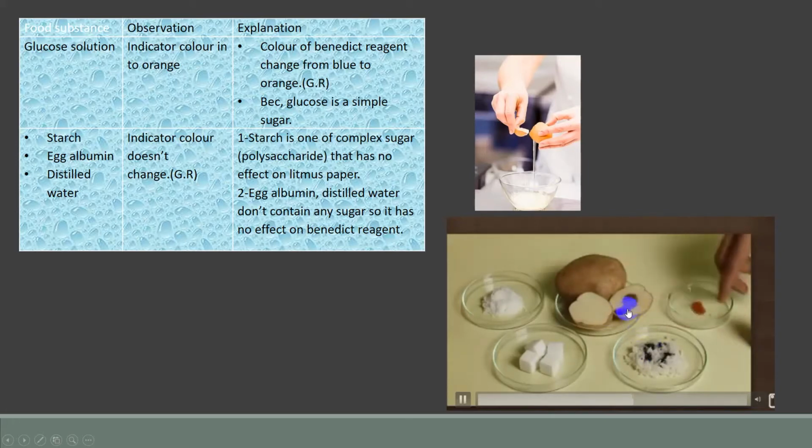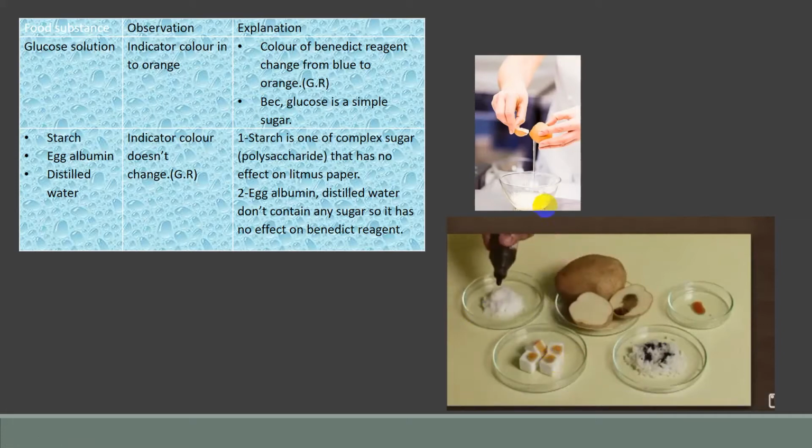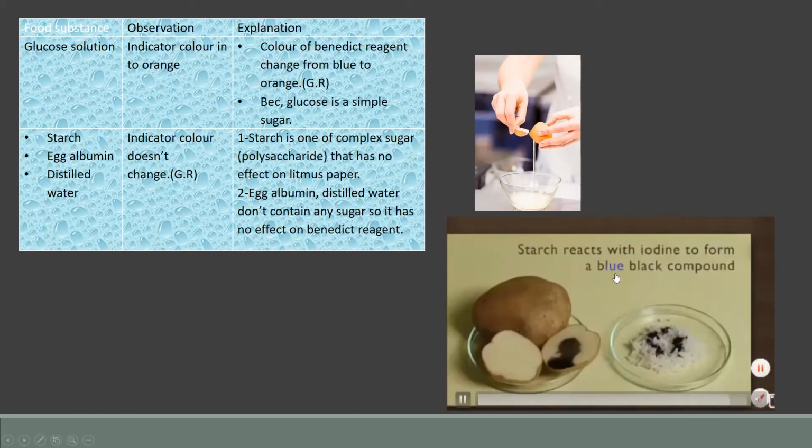Here, these containing starch, the color changed to dark blue. The butter won't change at all. And also, I think this is sugar, so it will not change either. So iodine is used in detecting the polysaccharide, all kinds of starch especially, changing to dark blue.